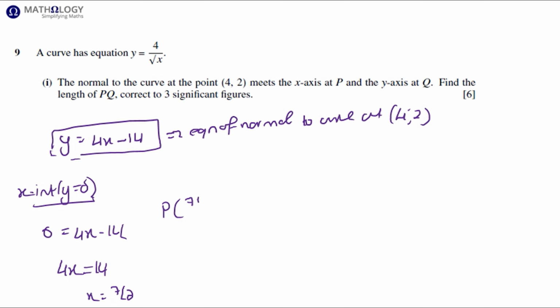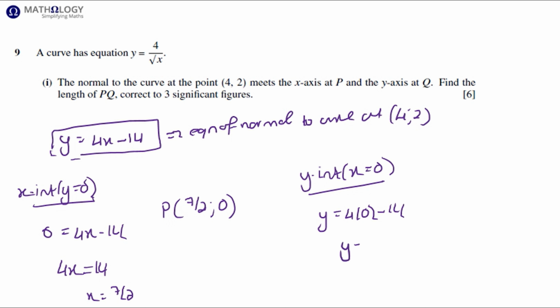So P is the point 7/2, 0. And then likewise, the y-intercept is where x equals 0. So y equals 4 times 0 minus 14, y equals minus 14. So Q is the point 0, minus 14.